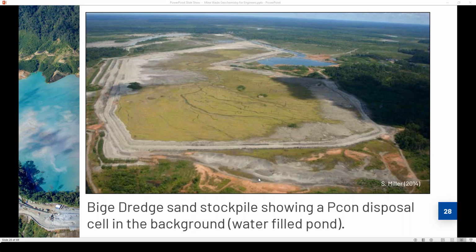What we've placed in there is the highly reactive pyrite concentrate from the process under several meters of water. And what that has shown over time through monitoring is that by placing the pyrite concentrate under the water, we've effectively stopped the reactivity of that highly reactive mine waste.